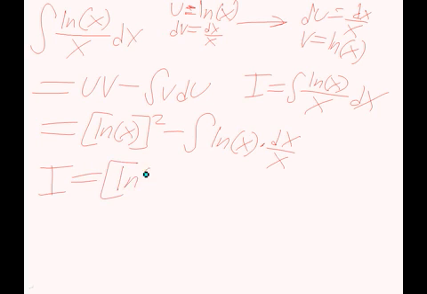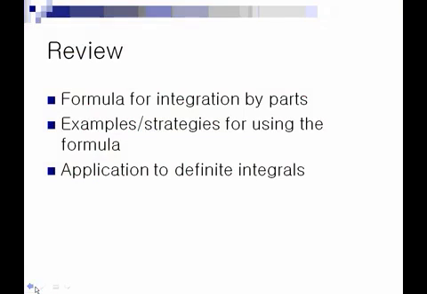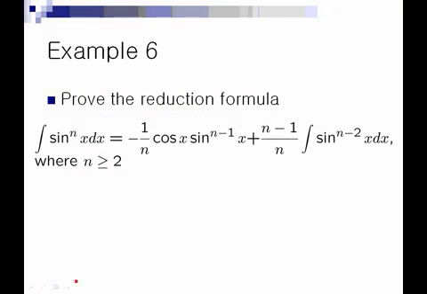I equals natural logarithm of x squared minus I. So if you solve that algebraic equation, you get I equals 1/2 the square of the natural logarithm of x. Fair enough? Okay. And of course, in that case, you should add in an arbitrary constant, but whatever.